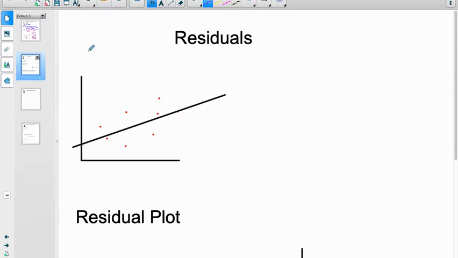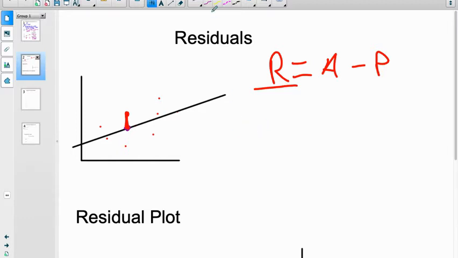Residuals. When we're using the line to predict, and we predict a value that's there, the residual is the distance from the actual point straight down to the predicted point. The easy way to remember that: residual is actual minus predicted. So you take the actual data point, subtract what the line would predict to get your residual.